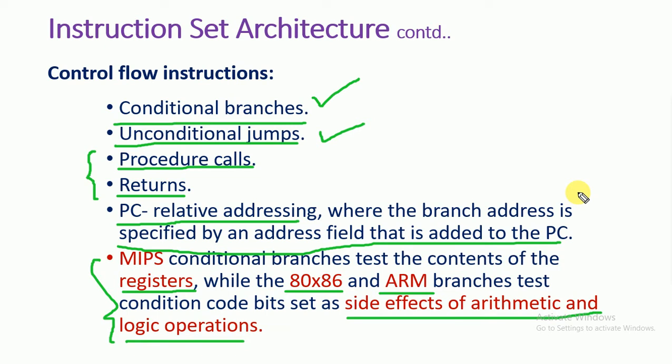We were discussing various operations: arithmetic, logical, data transfer, floating point operations, control flow instructions, and so on. These are the major portions where processors have different sets of instructions.